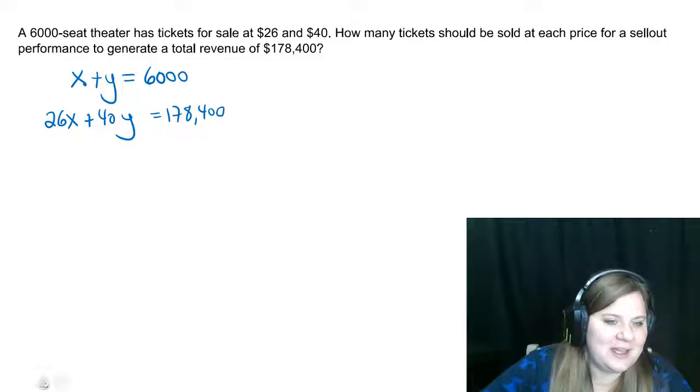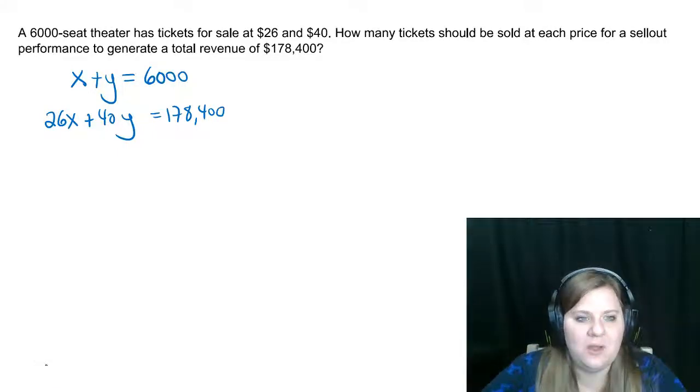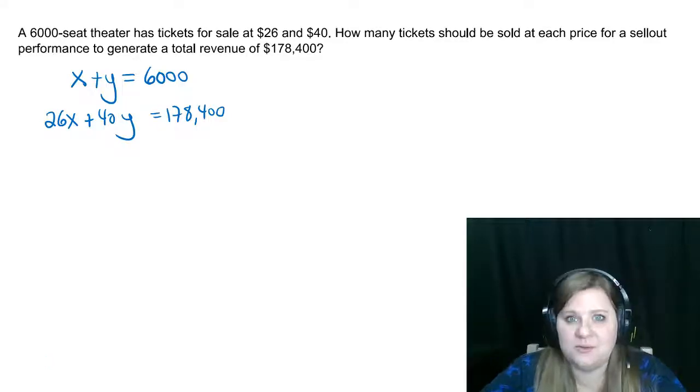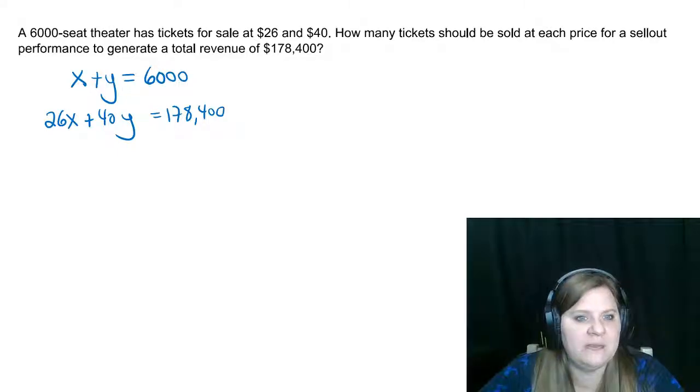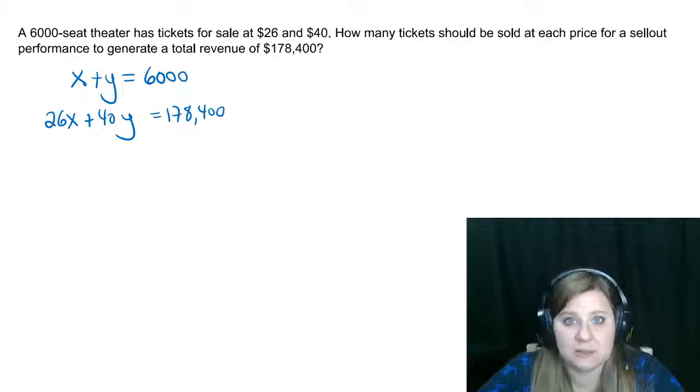So I want to find out how I can solve this. Well, for me, I'm looking at this and I'm thinking, okay, I'm going to use the addition method. And I'm going to get rid of either the X or the Y. Now, personally, I usually go with the number that's smaller.